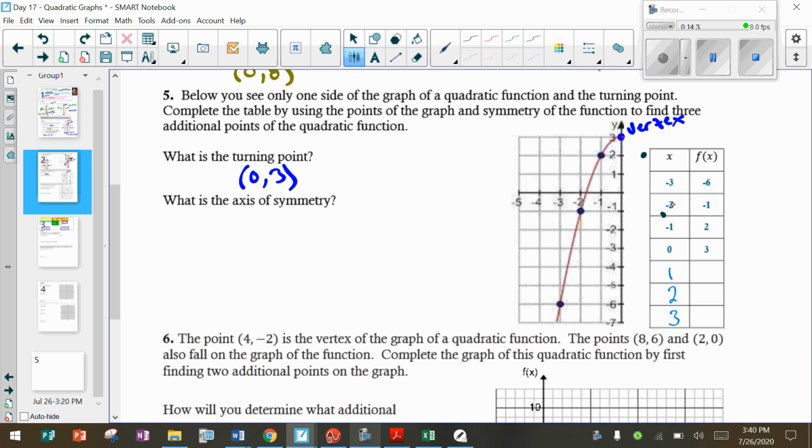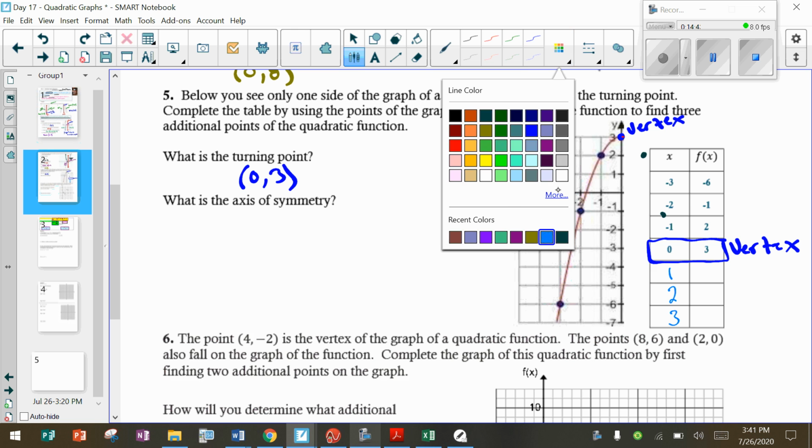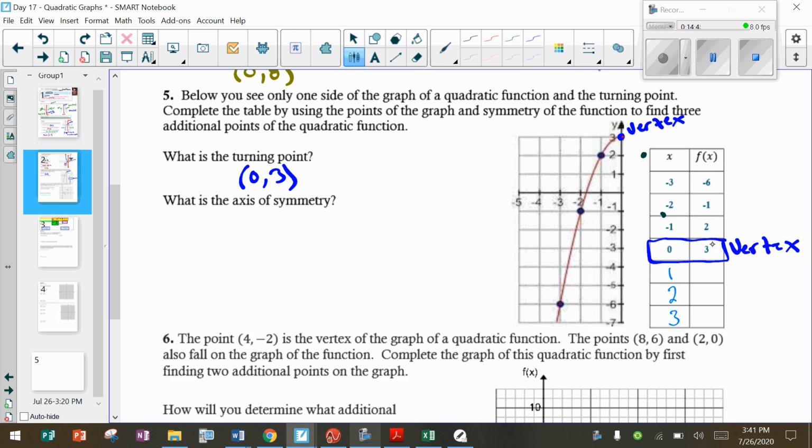So when I know where the vertex is located, I know that is the middle point on my graph, which means the y values will be a mirror image, not only in the picture, but also on the table. So if the vertex is the point in the middle, then from that vertex point, the y values will match as you move away from that point on the table.